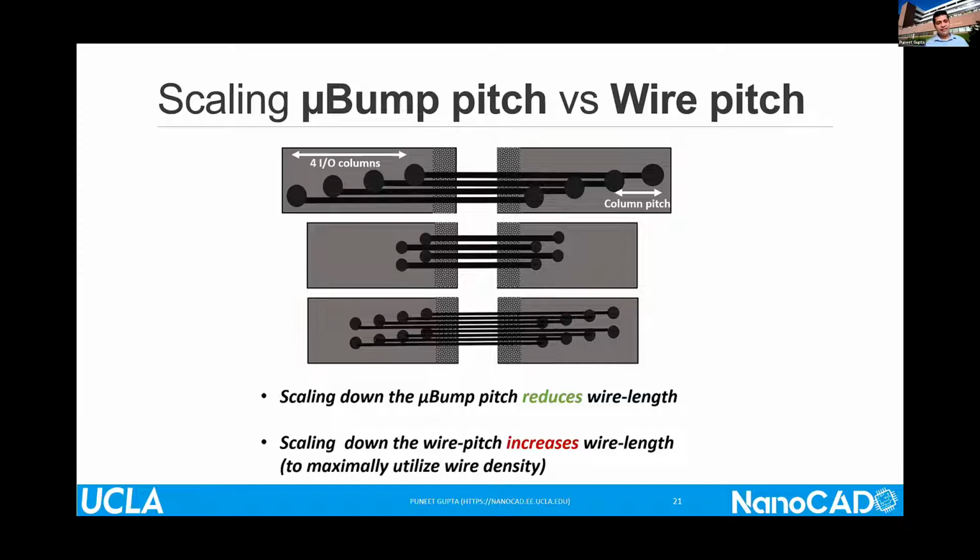When I scale down the wire pitch, on the other hand, if I keep the IO pitch constant, then to saturate the wiring density I will need more and more columns of IOs. That increases the wire length. Of course, it increases the bandwidth you can push out as well, but the latency of a single link increases if you want to hit peak utilization.